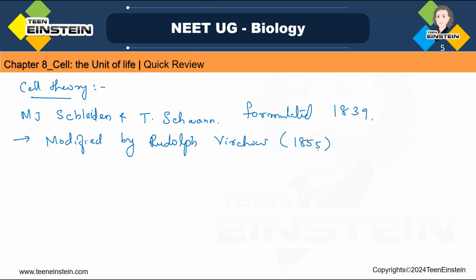So we need to learn first who proposed it and who modified it. Rudolf Virchow modified the cell theory to explain the formation of new cells, which was not included up to that point. The first point in cell theory: all living organisms are made up of one or more cells.